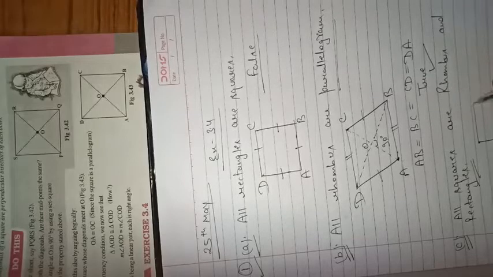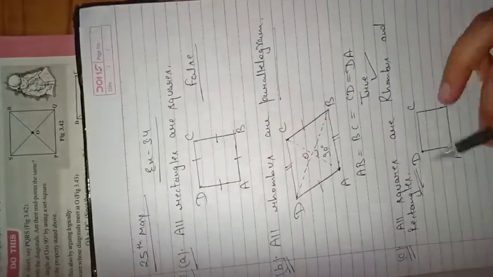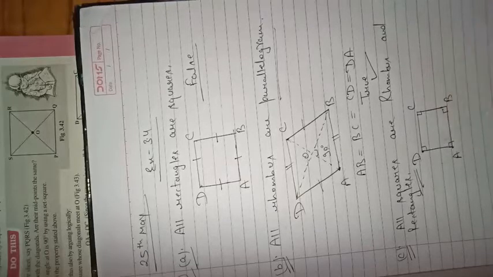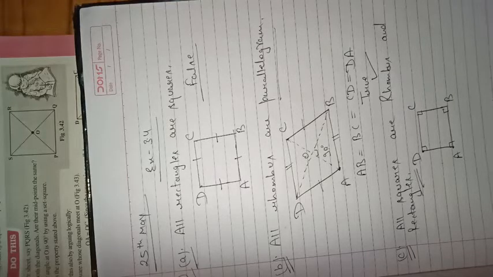I have drawn a square and consider firstly the properties of a rectangle. A square exhibits all the properties of a rectangle, there is no doubt, because in a rectangle the interior angles should be 90, and obviously all the interior angles of a square are also 90. Opposite sides should be equal, here all the sides are equal. Diagonals should be equal, and in a square also the diagonals are equal. So the square is a rectangle.